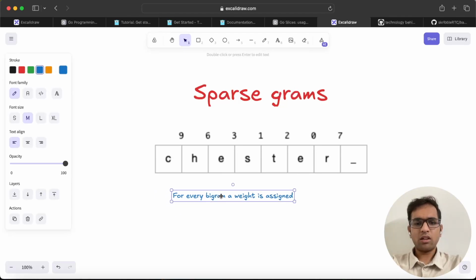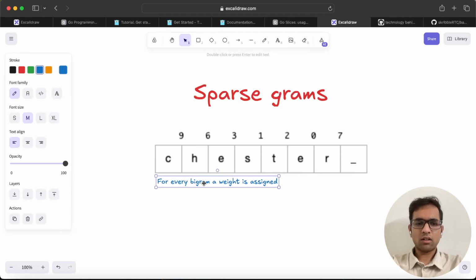That weight might be on the basis of the probabilistic occurrence of this bigram or a conditional probability of h given c or e given h and all of those things. So it might be something based on probability itself, and a weight is assigned to all of these bigrams. As we can see, ch has a weight of 9, he has a weight of 6, es has a weight of 3, and so on.